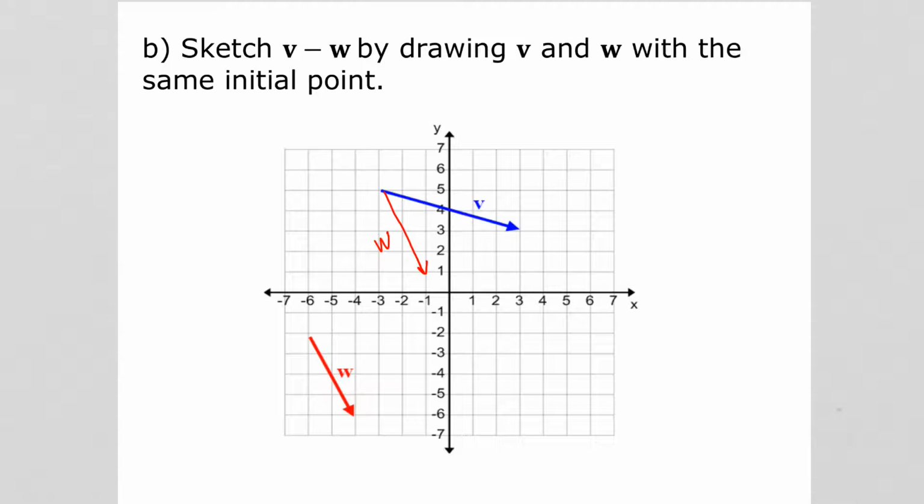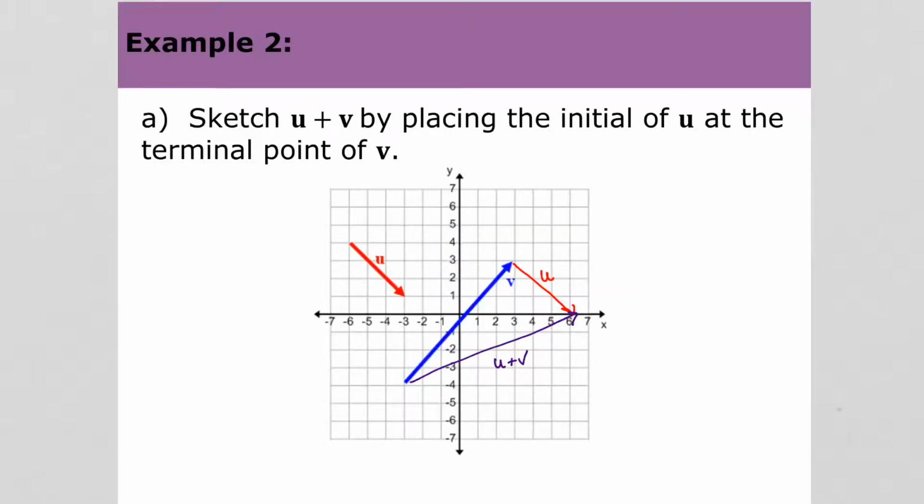Now, this time we want v minus w. Now notice when we were adding, we started from the initial point of v and went to the terminal point of u.